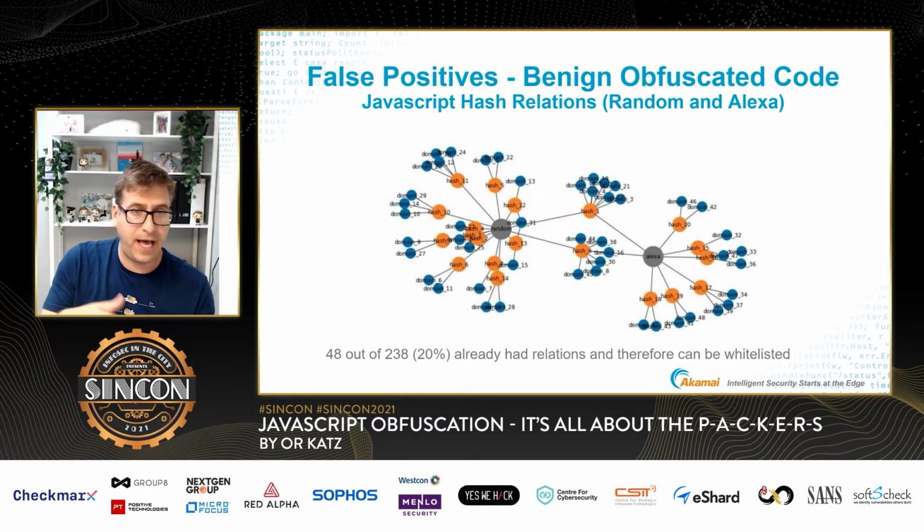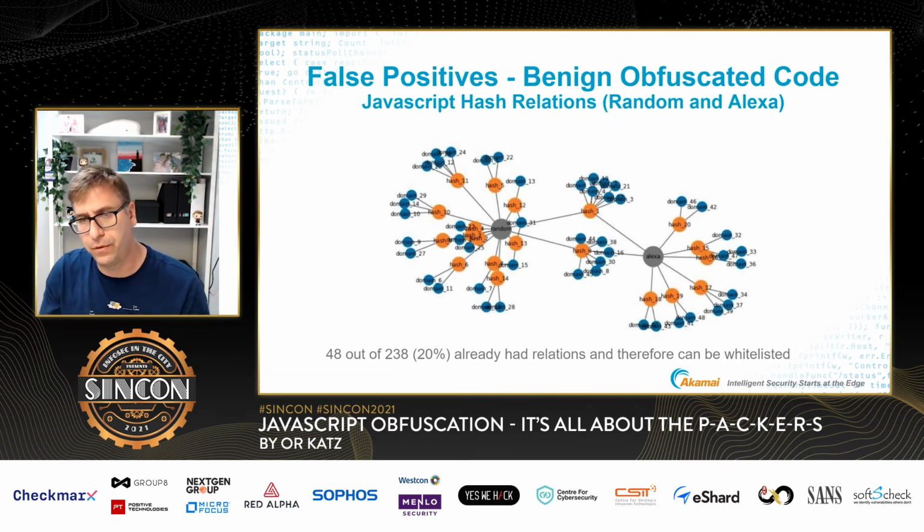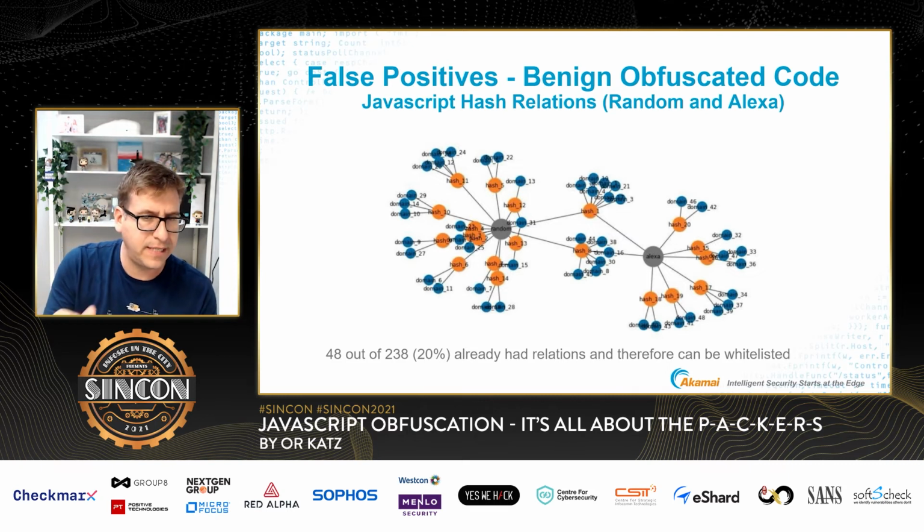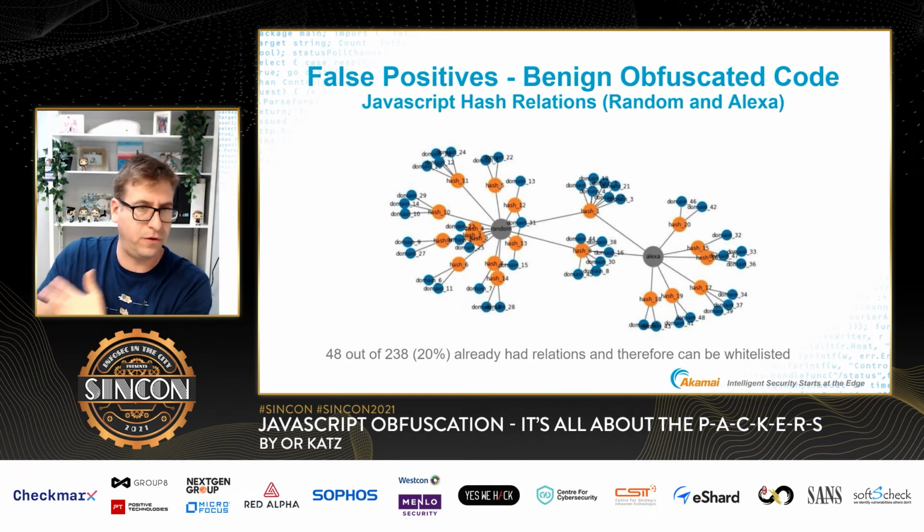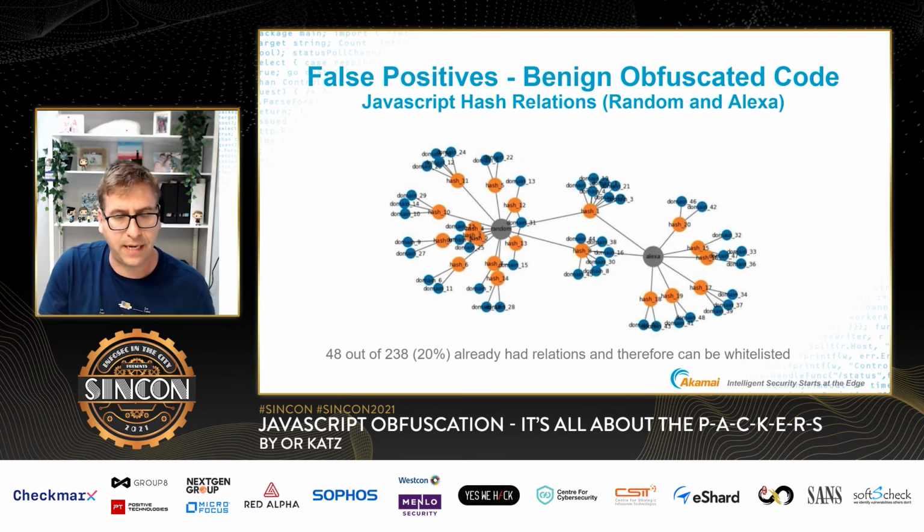So the Alexa and the random are the gray circles, the hashes are the orange, and the different domains are the blue circles. What we are seeing here is actually the same functionality. Take, for example, a third-party script functionality being introduced to many different domains. Someone took a JavaScript file, obfuscated it, and used it on many different, unrelated domains, because it's a third party doing that for many different websites.